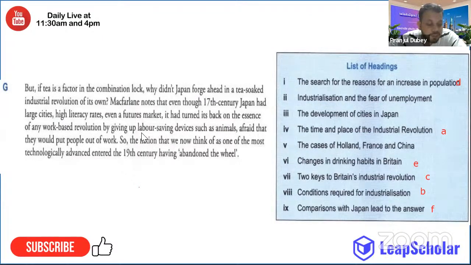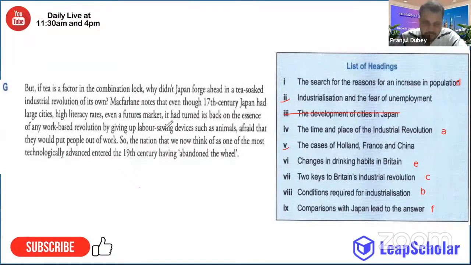So there is no possibility that 3 can be the answer ever. Either it is going to be 5 or 2.